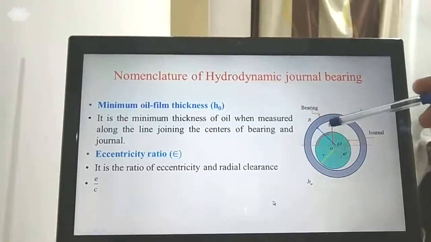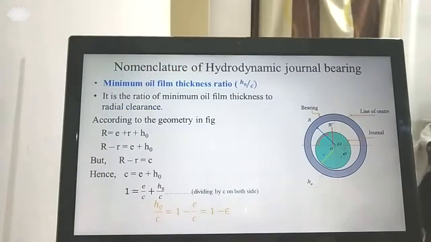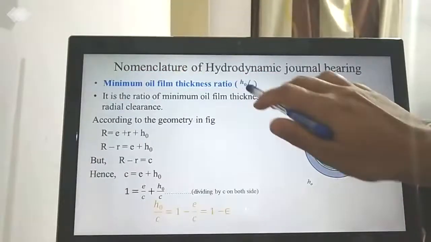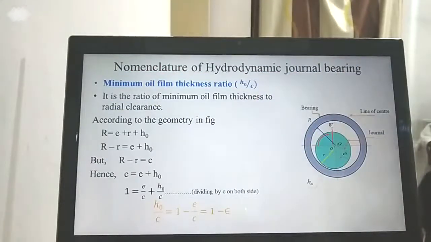So the ratio of eccentricity and radial clearance is called the eccentricity ratio, denoted by epsilon. Then we have another term, that is the minimum oil film thickness ratio, h0 upon C. We know h0 is the minimum oil thickness, and C is the radial clearance. So h0 upon C is the minimum oil thickness ratio.